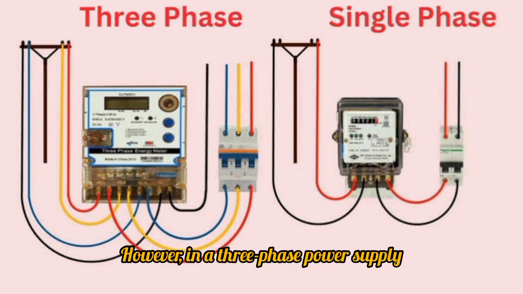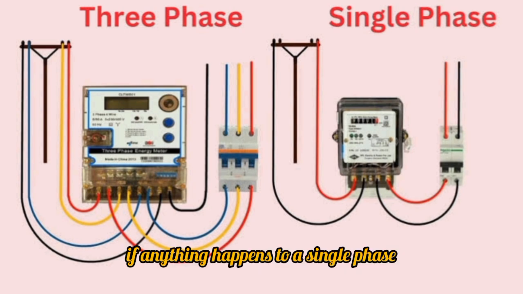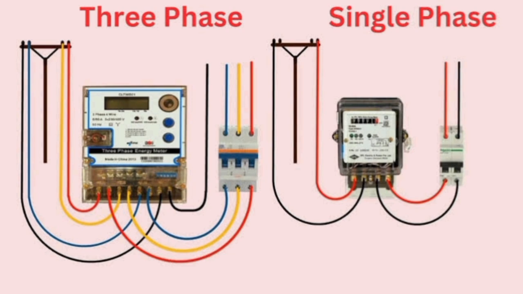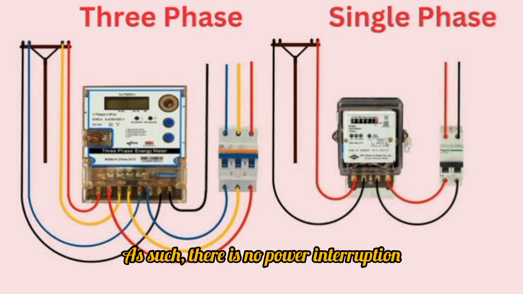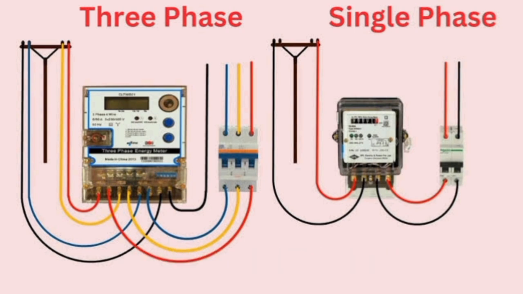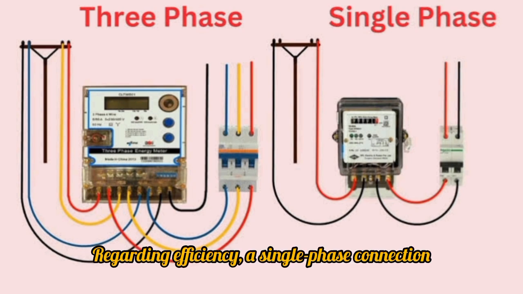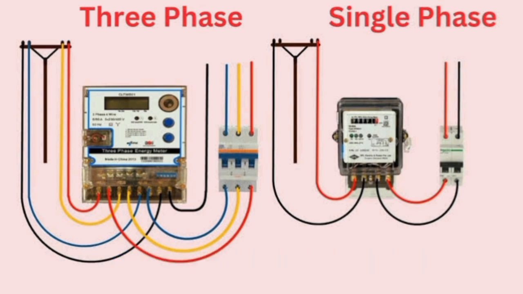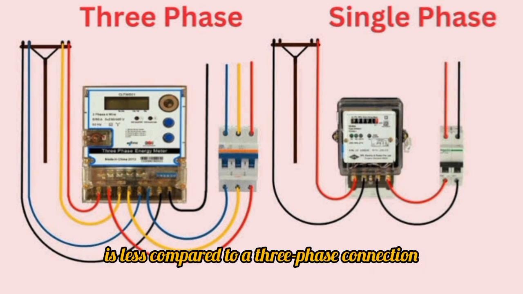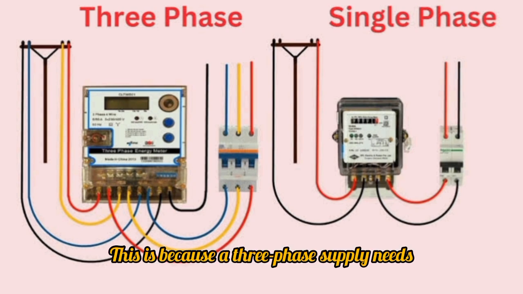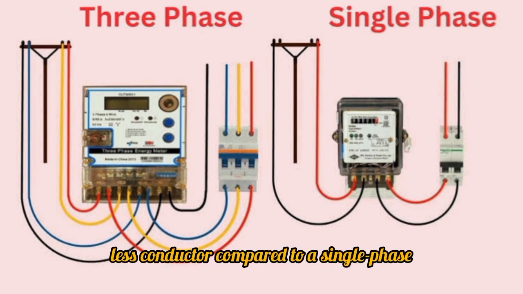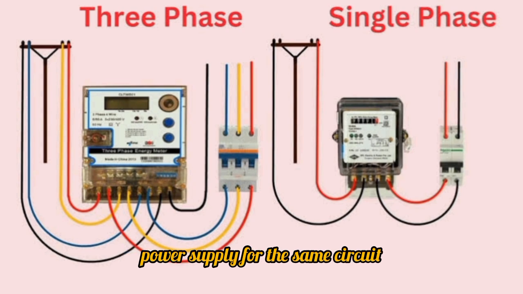However, in a 3-phase power supply, if anything happens to a single phase, the other phases still work. As such, there is no power interruption. Regarding efficiency, a single-phase connection is less efficient compared to a 3-phase connection. This is because a 3-phase supply needs less conductor compared to a single-phase power supply for the same circuit.